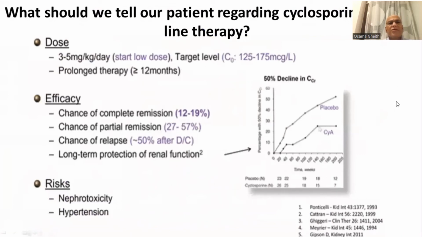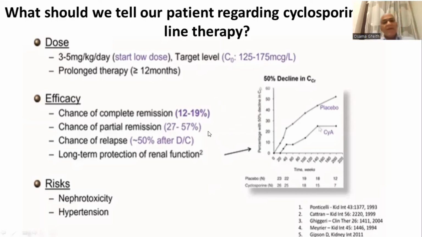So what should we tell our patient regarding cyclosporin as a first line of treatment? This is a long-term treatment in the doses of 3 to 5 milligram with the trough level around 150 nanogram per ml, which will continue for at least 6 months up to 1 year.